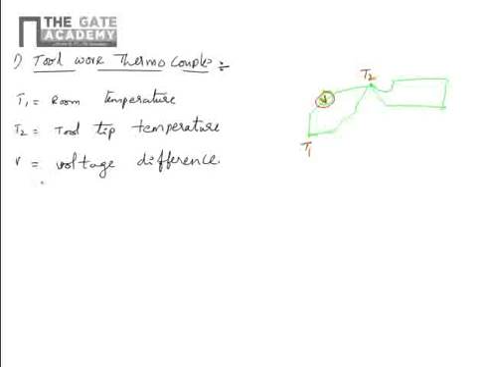The two wires are made of different materials and joined at their ends, and two different temperatures are maintained at the two junctions. The EMF generated in the circuit is proportional to the temperature difference between the junctions.